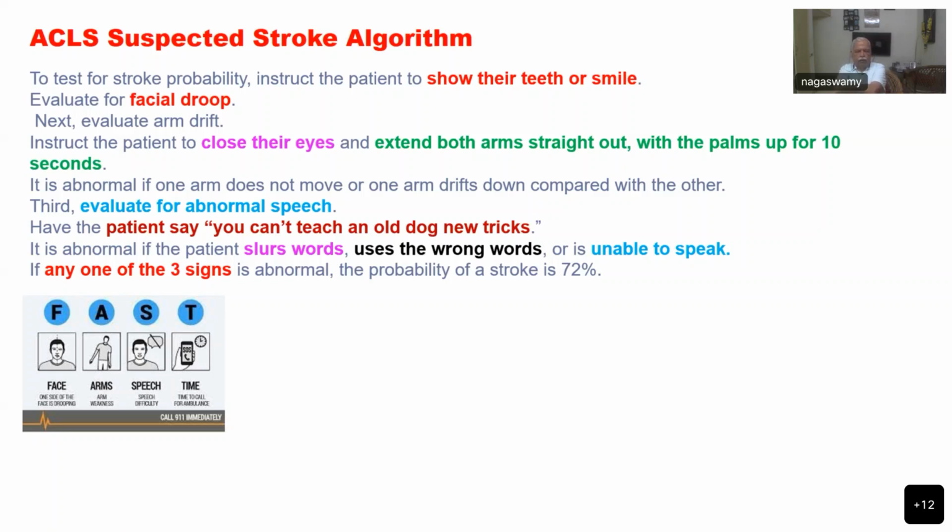From the time the patient is suspected or recognized to have a stroke, the whole treatment should be done within 3 hours. And the shifting of the patient and reaching the hospital should be within 20 minutes. That is the criterion they are now trying for, so that the maximum advantage will happen to the patient and he can completely recover from stroke.